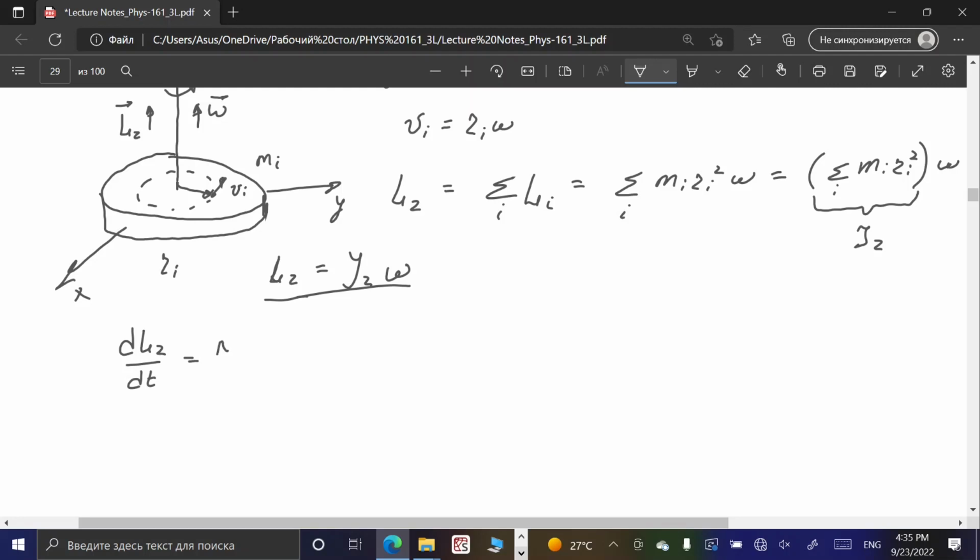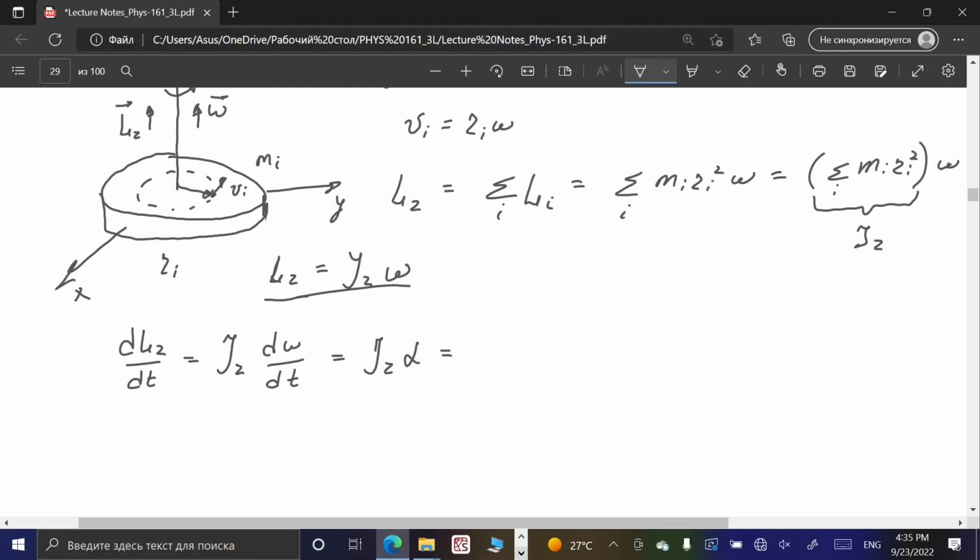That will be I_z times d omega over dt. I_z is a constant, it doesn't depend on time, if we don't change the position of the axis of rotation and the rigid body doesn't change by definition its shape, then it remains constant. So that will be I_z times alpha, which is angular acceleration.